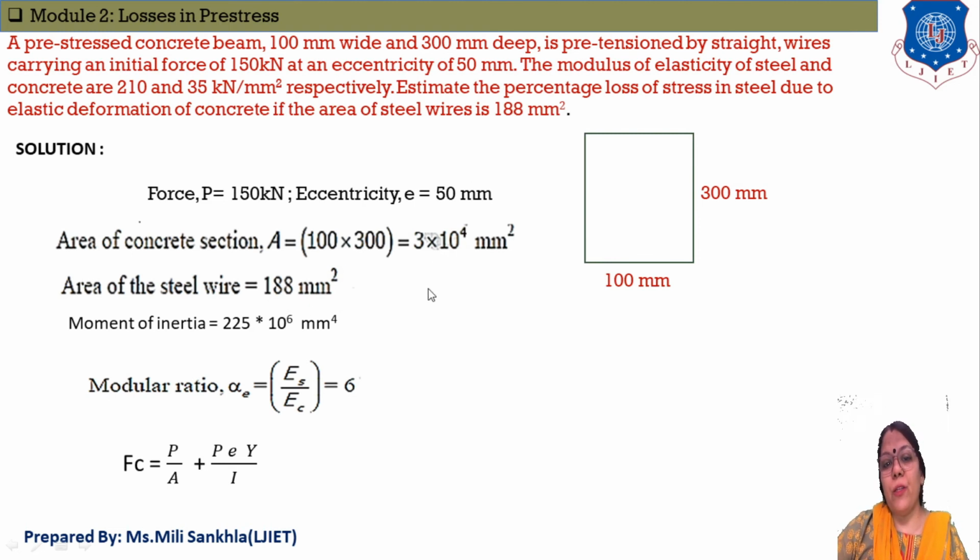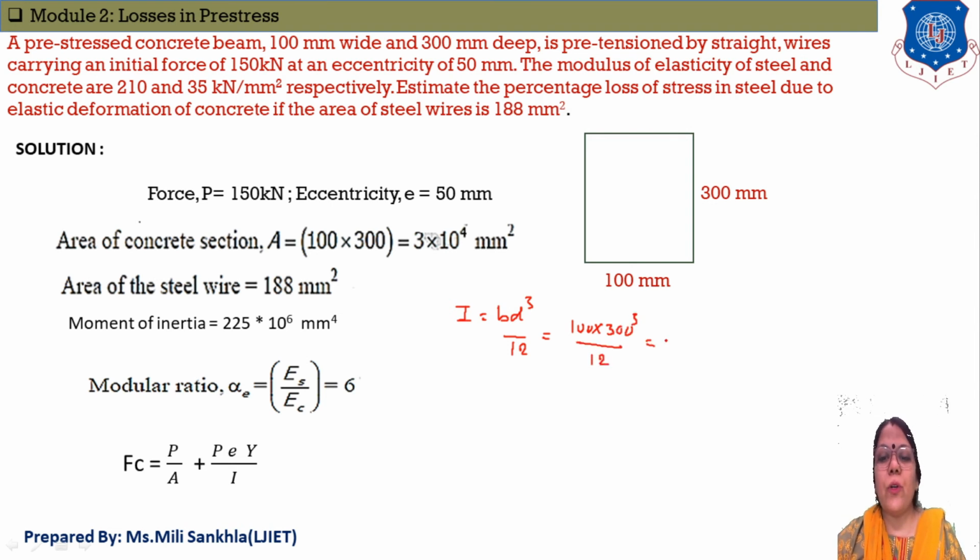Here, moment of inertia. Now what is the equation of moment of inertia? Moment of inertia we find out for the section, I according to the x-axis. I is equal to BD cube by 12, and this is 100 into 300 cube by 12, and my answer is equal to 225 into 10 raised to 6 mm raised to 4.